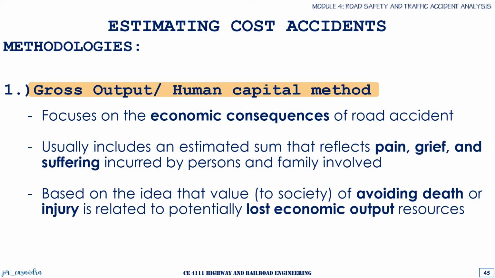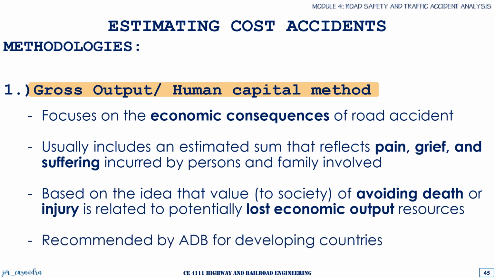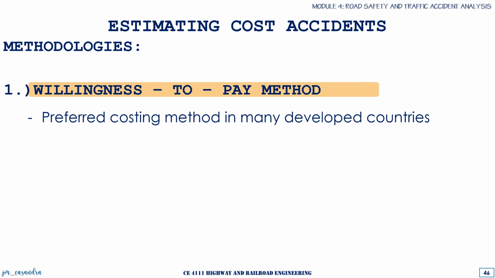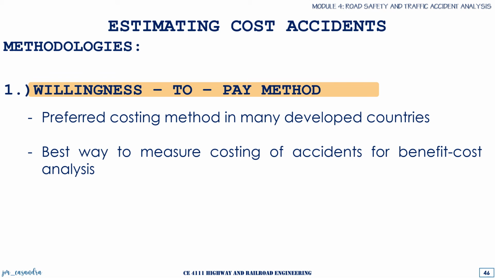And this is based on the idea that the value to society of avoiding death or injury is related to potentially lost economic output resources. The gross output or human capital method is most recommended by the Asian Development Bank for developing countries, while the willingness to pay method is more preferred as a costing method for developed countries. This is the best way to measure costing of accidents for benefit cost analysis.